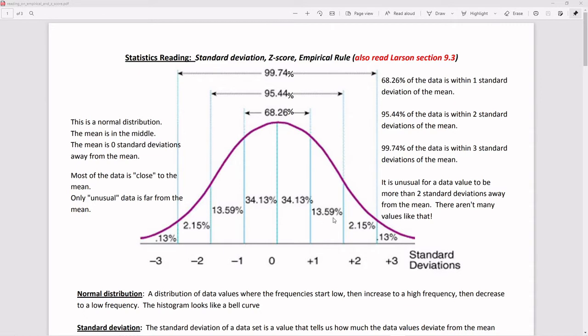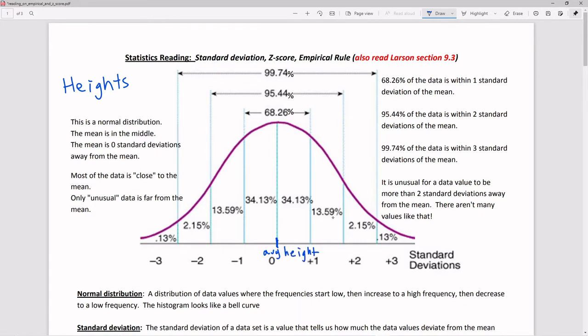An example that can help you as you try to think of this is heights. Think of us trying to look at the heights of people, just adults. What you tend to see is that most people are pretty close right here to the average height.